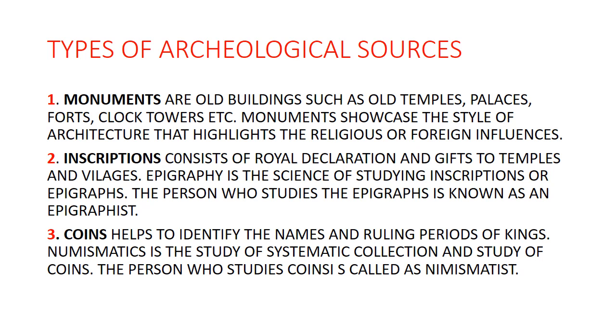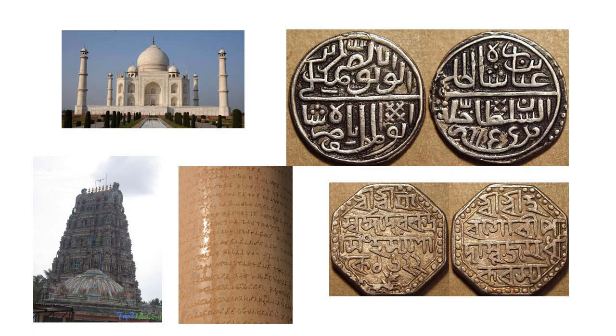So here are the types of archaeological sources. Now let's see next. Here are some pictures of monuments, inscriptions and coins, which help in shaping history and provide information about the past, about the medieval period, like the Taj Mahal, like Brihadeshwara temple, like pillars.